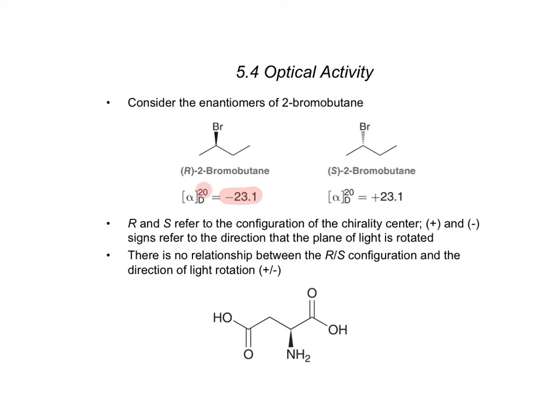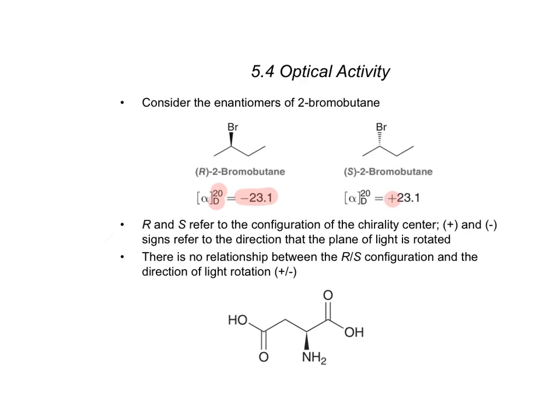And what was the wavelength of light they were using? The D line of sodium, which is 598. That's what's going in the superscript and subscript. So if R rotates at minus 23.1 degrees, then the S enantiomer rotates at positive 23.1 degrees. Again, equal magnitude, opposite direction.